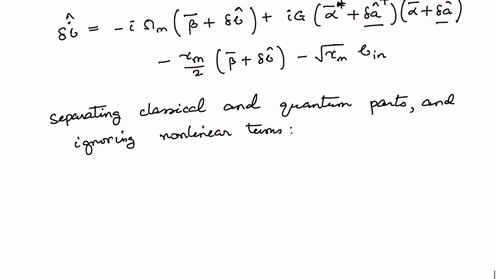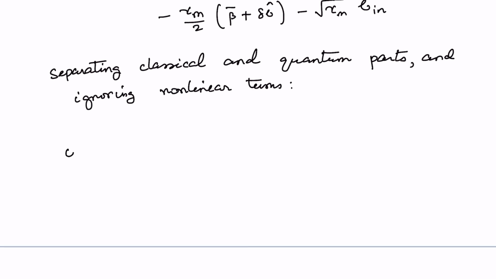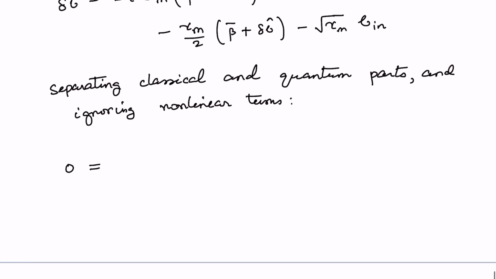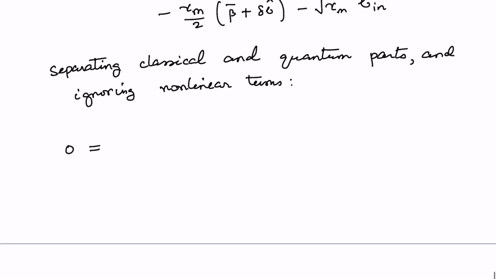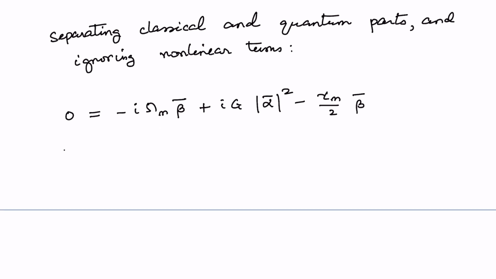Then from the classical part, because the left hand side classical part is 0, you are going to have −iΩm β̄ + iZ|ᾱ|² − (γm/2) β̄.